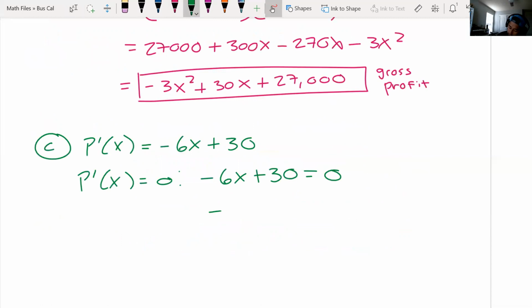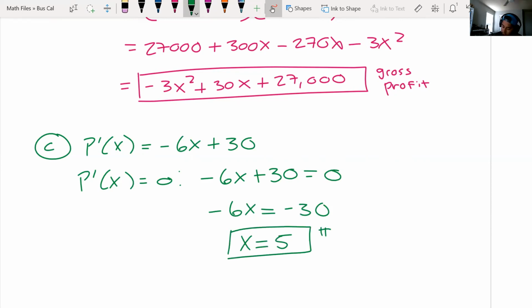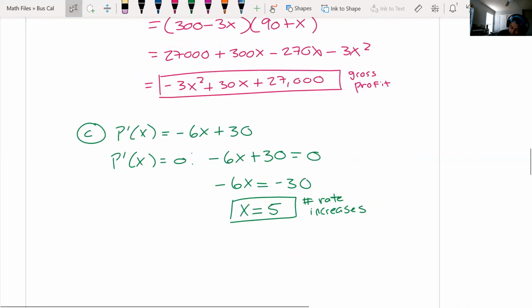Move the 30 over, and if you divide by negative 6, we get x equals 5. So again, that's the number of room rate increases. Then you take that number and plug it into the gross profit equation, the number of rooms, and the price, all that good stuff.